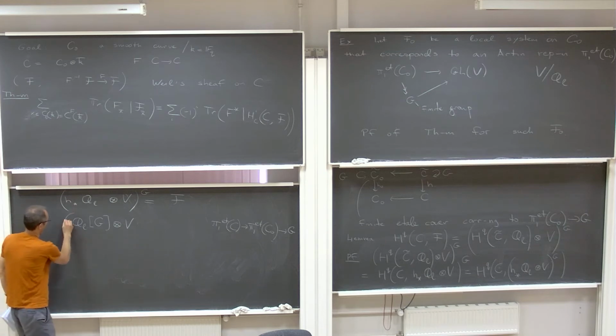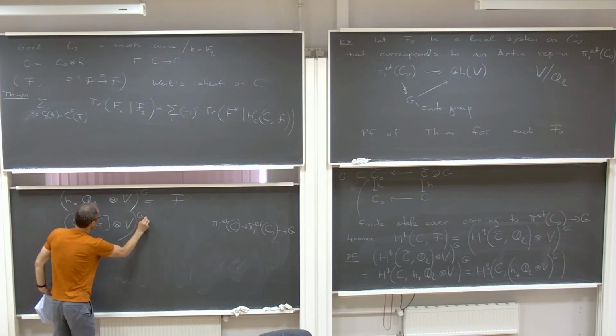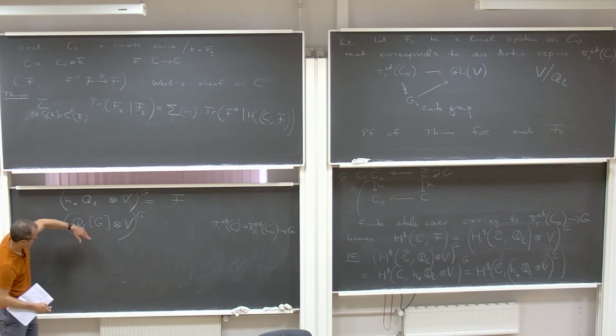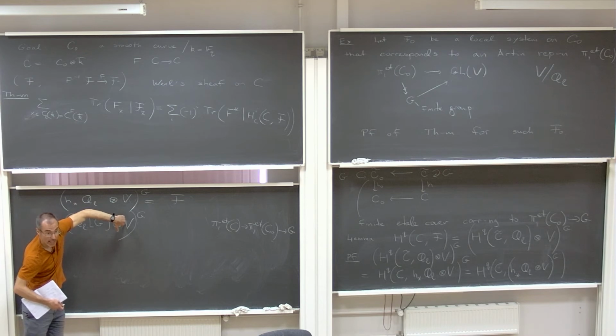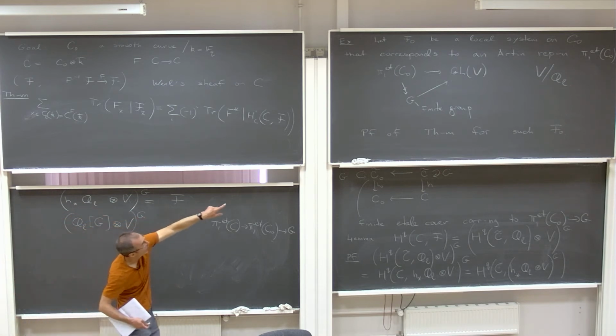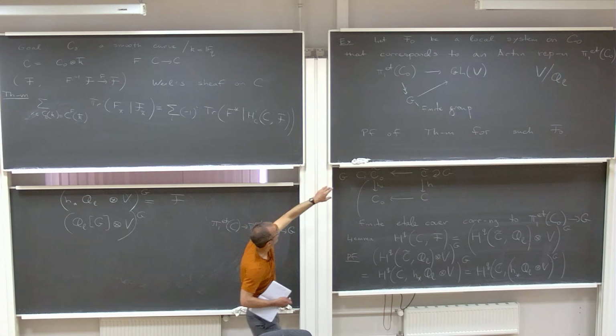Now, G acts on this representation by the action of G on the right here and by its action on V. The action on V is given to us, right? It's this representation rho.